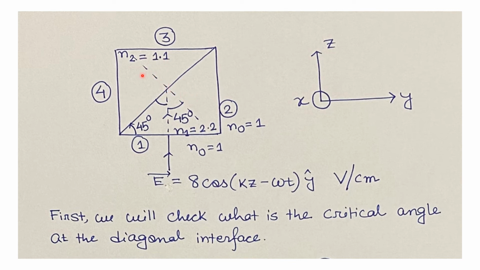The second possibility is that the angle of incidence is greater than theta c, the critical angle for total internal reflection. Then the total incident wave on this interface will be reflected back towards region 2. Hence, we'll first check what the critical angle at the diagonal interface is.